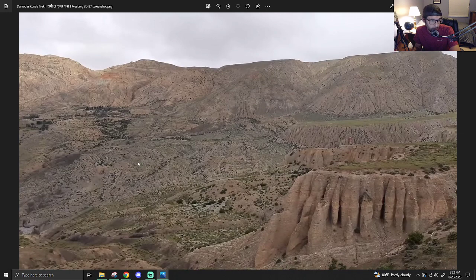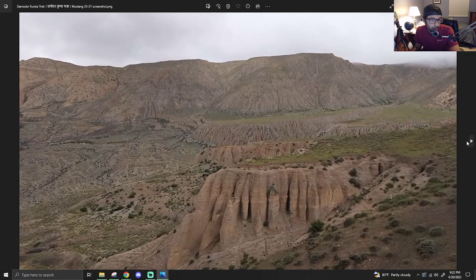It looks like water flowed this way up here, and then it got higher and higher and started to flow up this way, I guess.